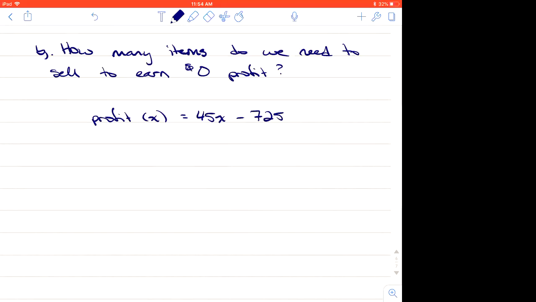Right? And so now I'm going to replace this profit of x with 0, because I'm forcing the profit to be 0. And then I'm going to solve for x. 45x minus 725.